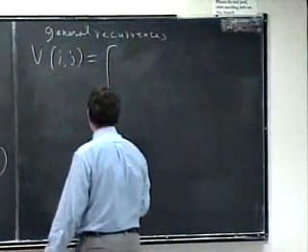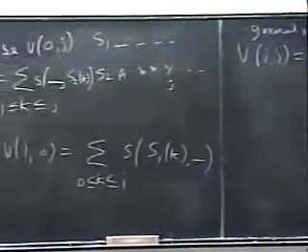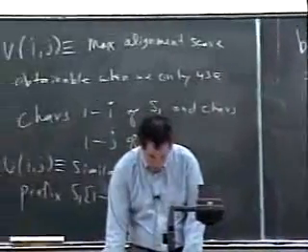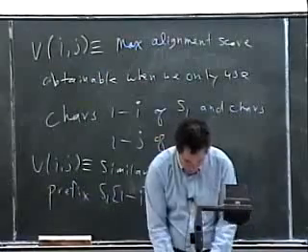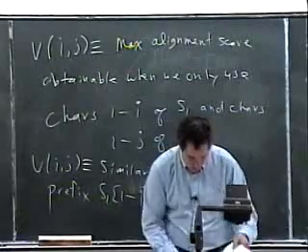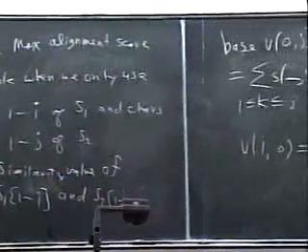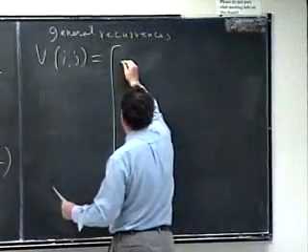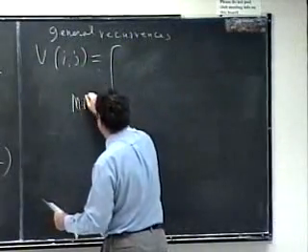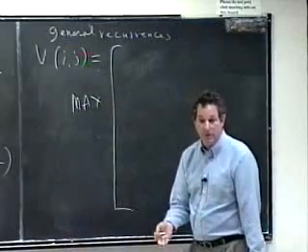Vij. Well, last time we related this to the different cases of what happens to character I and character J. It's the maximum, the best that's possible, over basically four different possibilities.